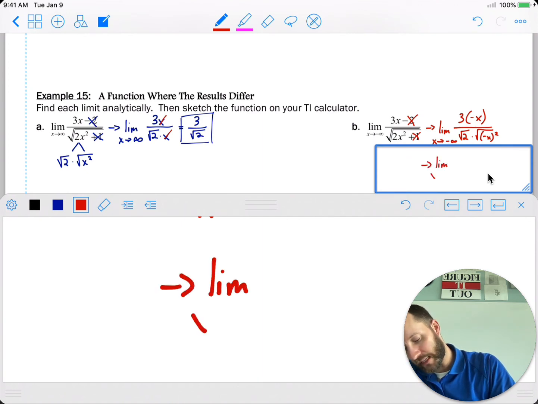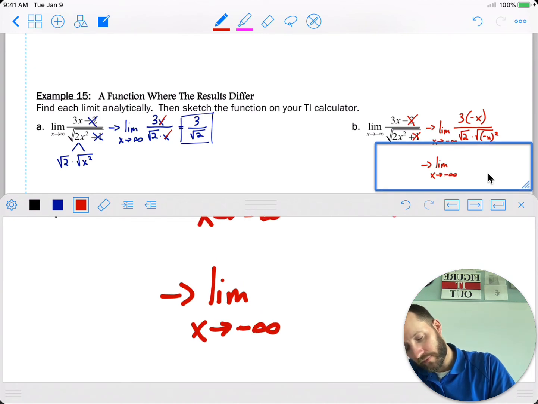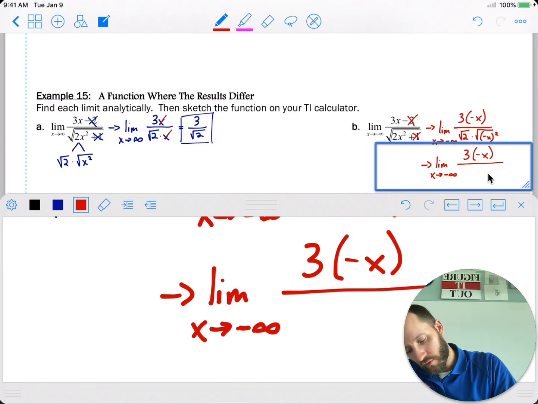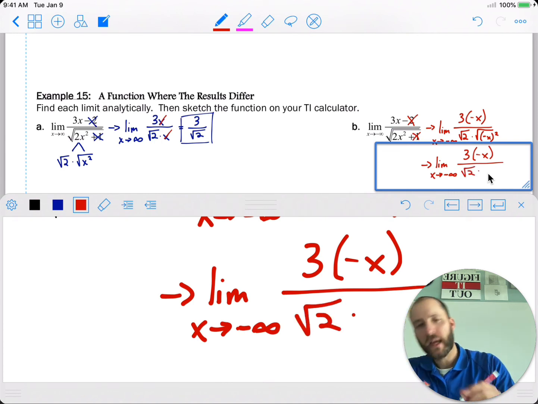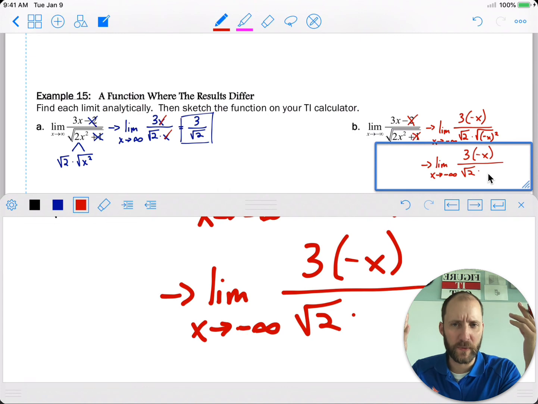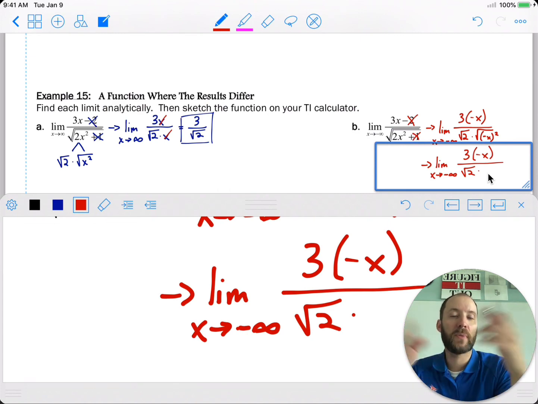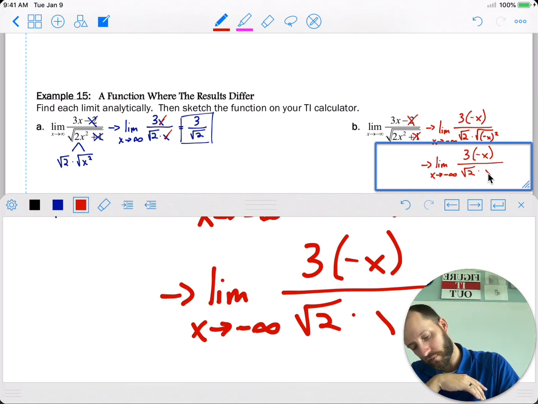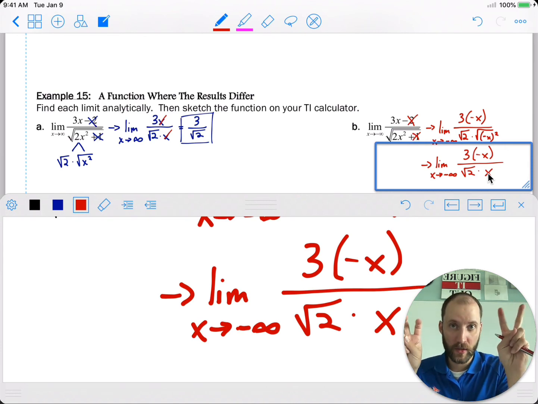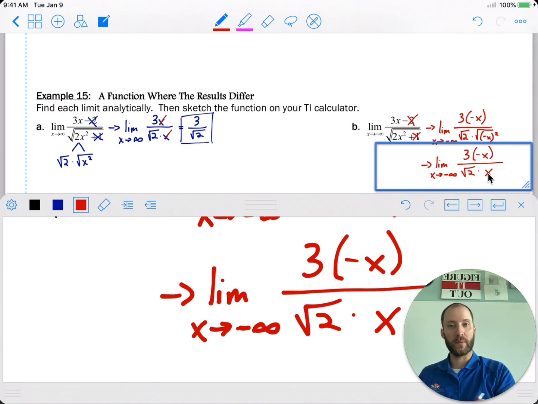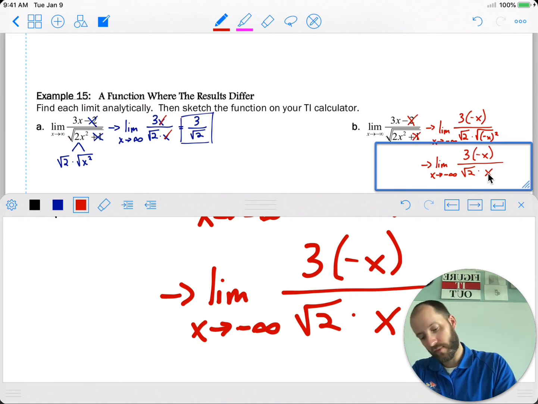So limit as x approaches negative infinity of 3 negative x over root 2, and then do some mental arithmetic. Negative x squared becomes positive x squared. Take this square root. The negative has gone away in the bottom, but it's still in the top.